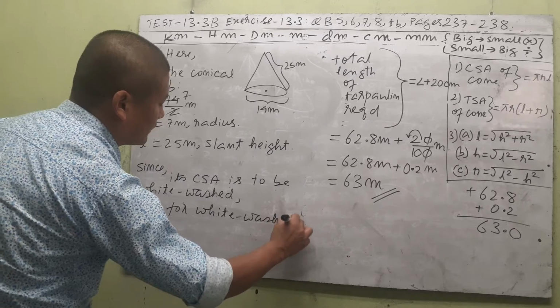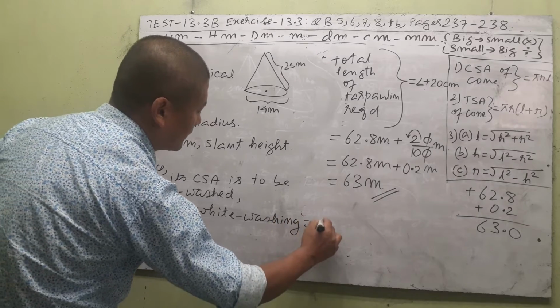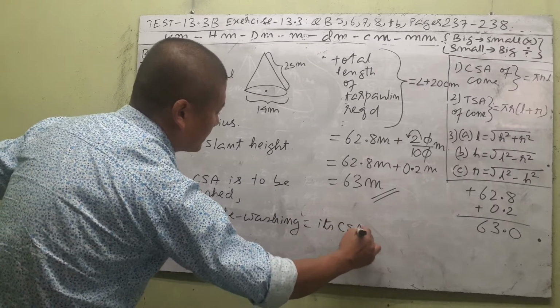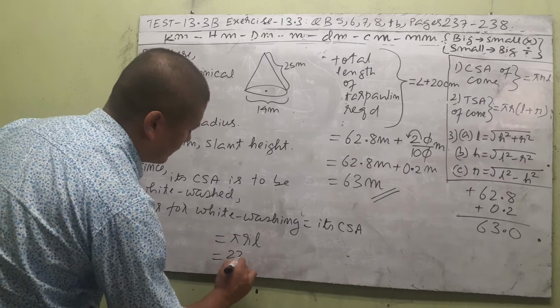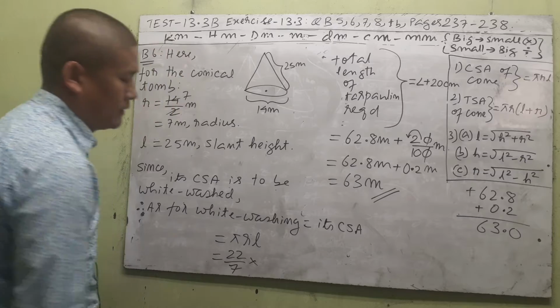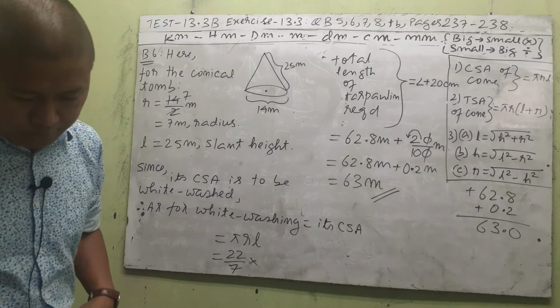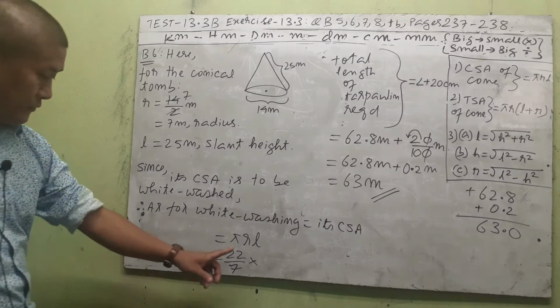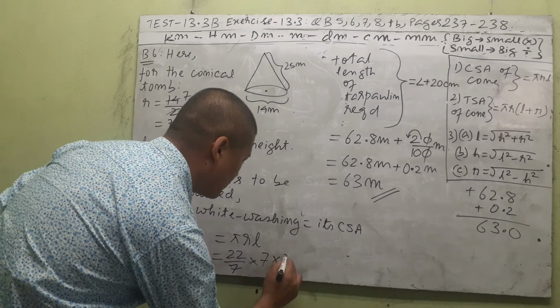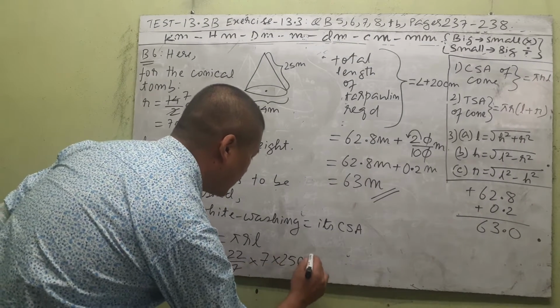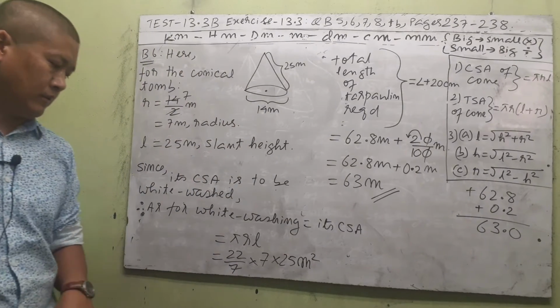Area for whitewashing by common sense therefore will be its curved surface area, which is equal to pi RL. So that is 22 by 7 into, because pi is not given we use 22 by 7, R into L. So 7 into 25, and area means meter square.